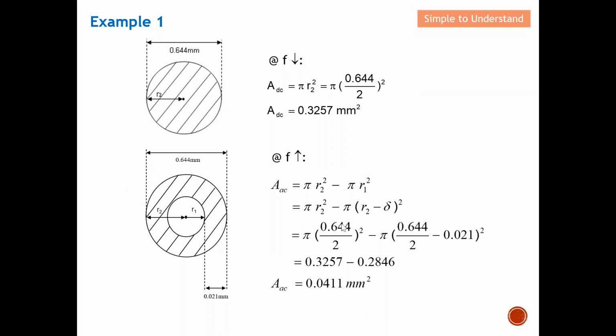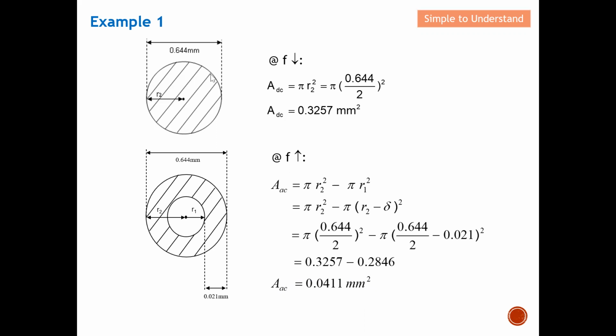We obtain R2, which I illustrated earlier, and the skin depth, which I found from the graph, is 0.021 millimeter. From here, I can compute that the area under the AC will be 0.0411 millimeter squared. So this is the area under the AC, and this is the area under the DC.